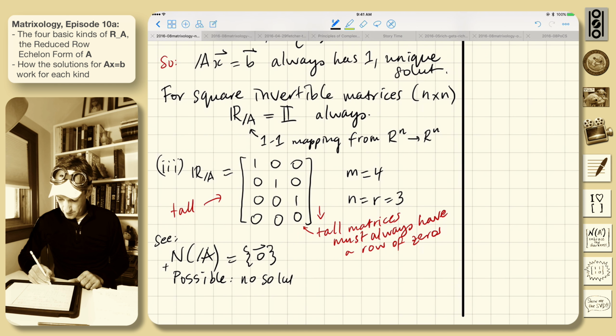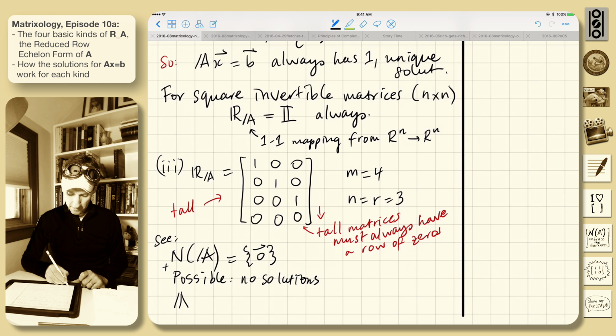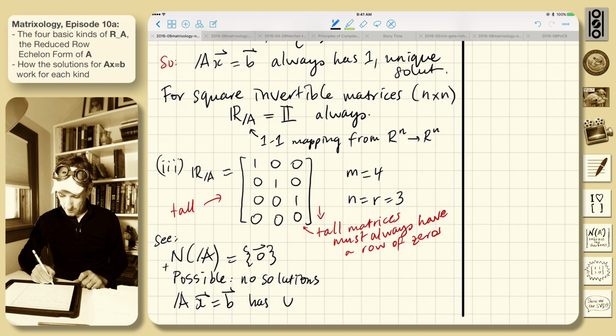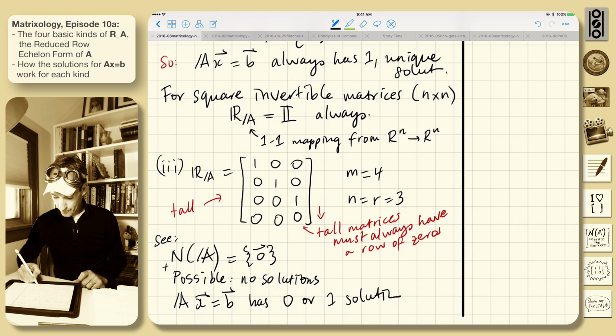Therefore, Ax equals b has 0 or 1 solution. It depends on b. It has one solution if b is in the column space of A, and 0 solutions if b is not in the column space of A.